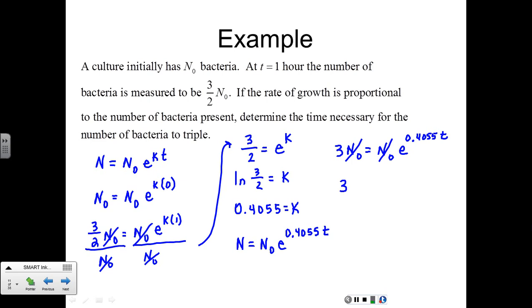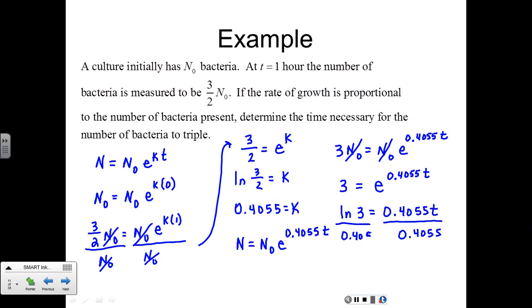So 3 equals e to the 0.4055t. And use your algebra skills to solve that. What do we need to do? Natural log of 3 equals 0.4055t. Divide by that decimal, and you should have it. So approximately how much time does it take to triple my number of bacteria?